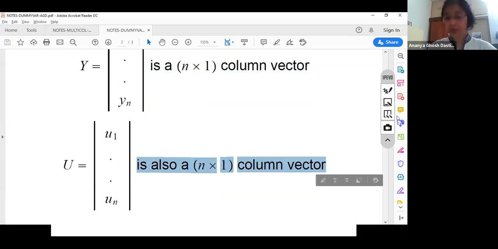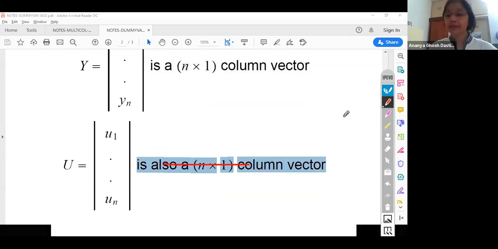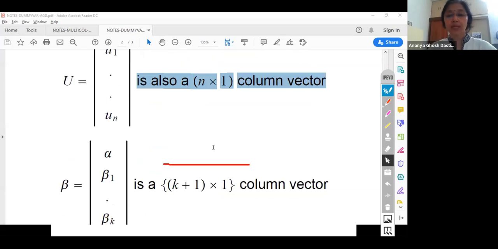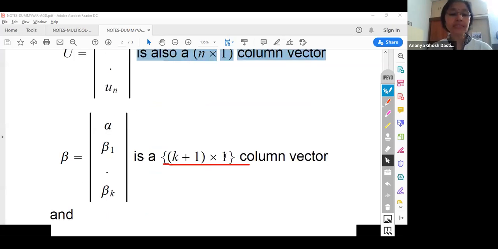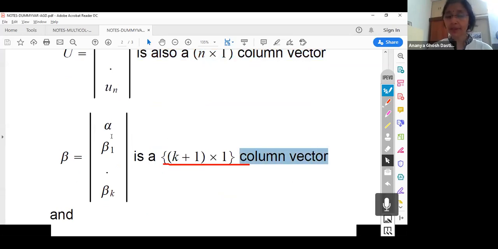These are the errors. And beta is known as the coefficient vector. So beta is also a column vector. We'll look at alpha, beta 1, beta 2, etc.